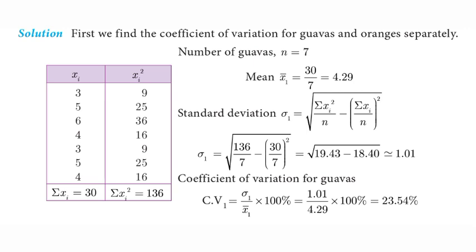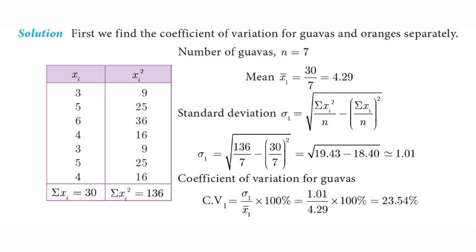How many number of guavas? Yes, 1, 2, 3, 4, 5, 6, 7. Therefore n equals 7. First we find the arithmetic mean.